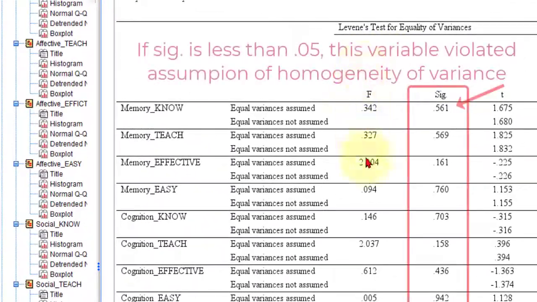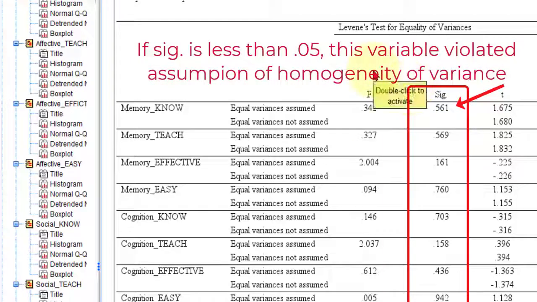Now, these first two columns are checking the second assumption needed for a t-test. That's what we call equality of variance. In other words, the variance, the spread of the data for each variable, for the EFL group should be relatively the same as for the ESL group. Say that again: the variance between the groups for each of these variables should be relatively the same.